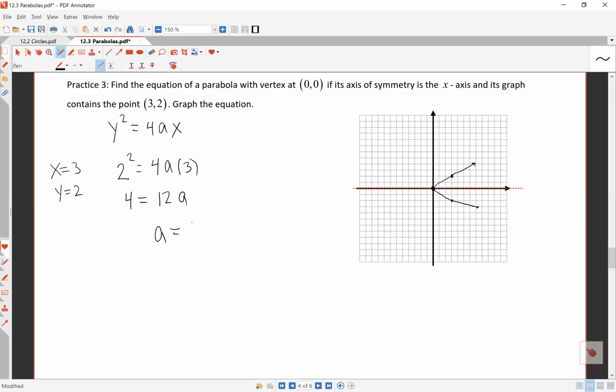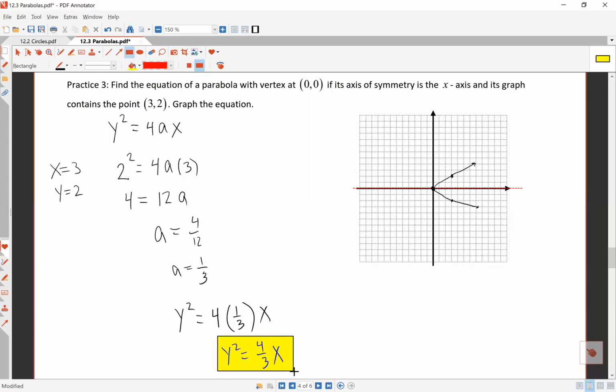And as we expected, 4/12 is 1/3, or a very narrow parabola. y squared is equal to 4 times a times x, or y squared equals 4/3 x is the equation of our parabola.